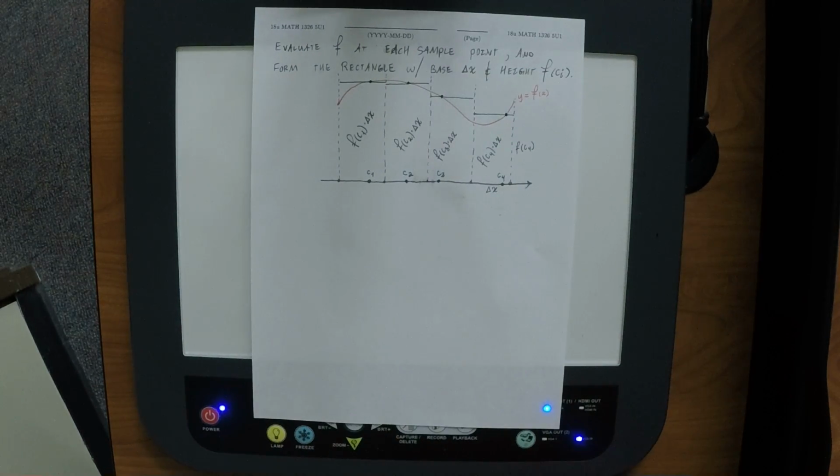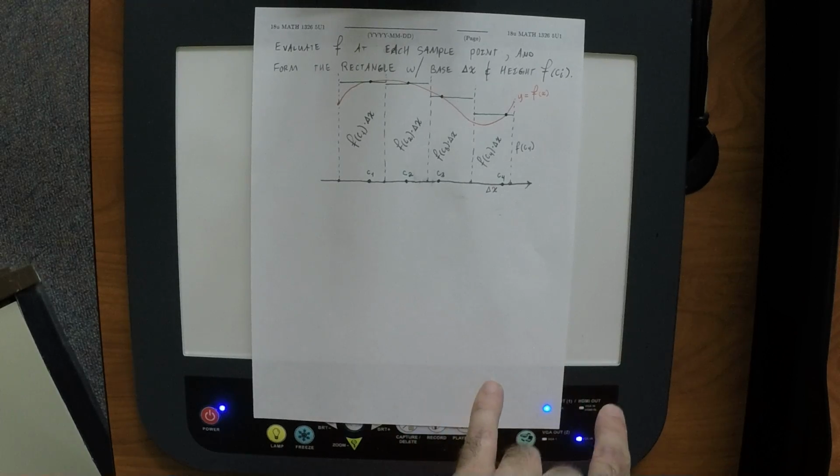Now, because I didn't choose some really obvious strategy, like make the rectangles always be under, or always be over, it's not entirely clear to me, just glancing at the picture, whether we have an overestimate or an underestimate. But can we agree that it's an estimate? Can we also agree that if instead of using 4, I'd used 400, the estimate would be better?